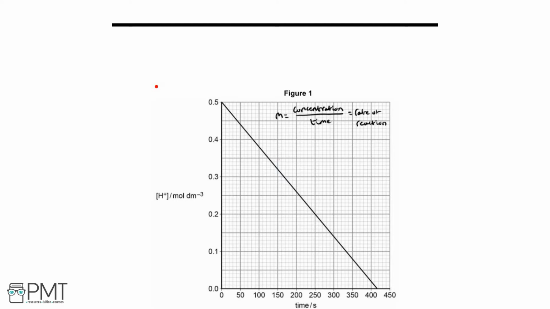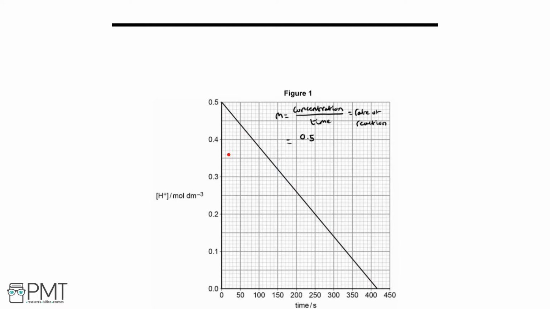So all we need to do is find the gradient, which we can do by changing y over changing x. If we look at the numbers present, first of all, the change across the entirety of the graph for our y-axis, our concentration, is 0.5.